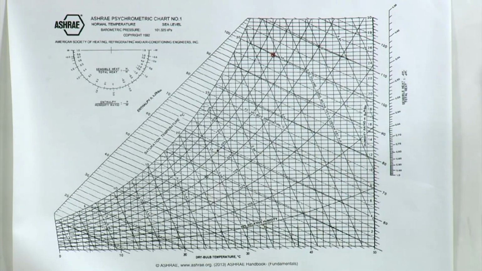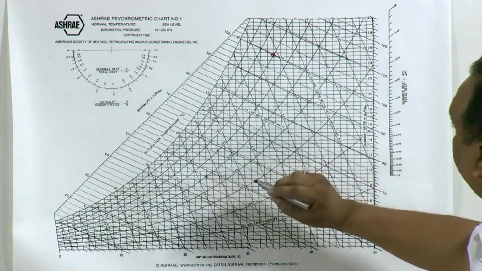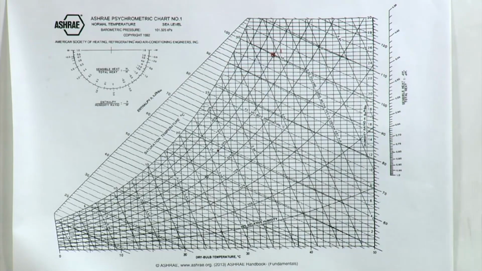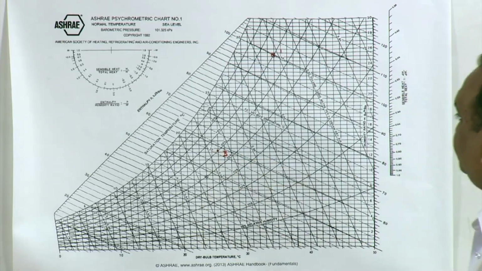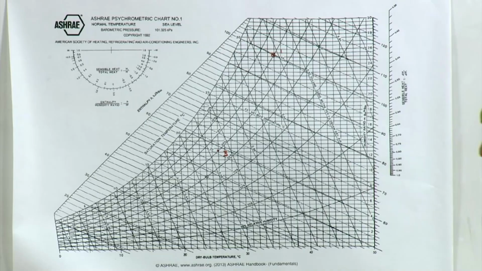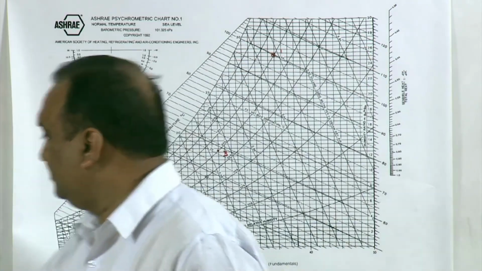So, this is state 1, outside air, and this is state 3, air which is leaving the room. Now, these two air streams are mixed.